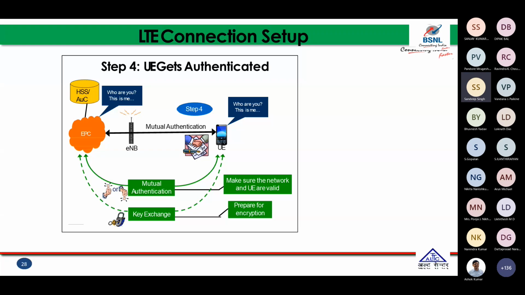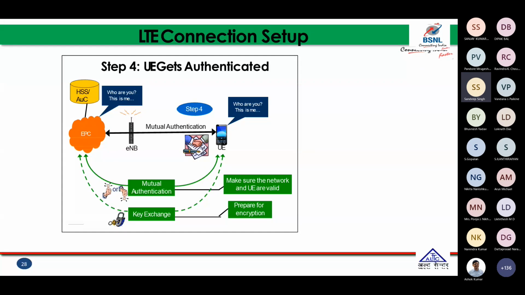The fourth step is the connection between the UE and the core network, where the UE gets authenticated. It is a mutual authentication, which means the UE is also authenticating the network and the core network is also authenticating the UE. Both way authentication is there. Who are you? This is me, from the UE side, and who are you?